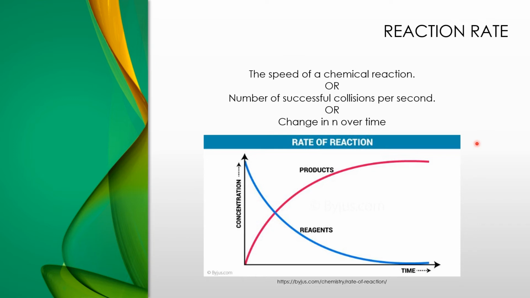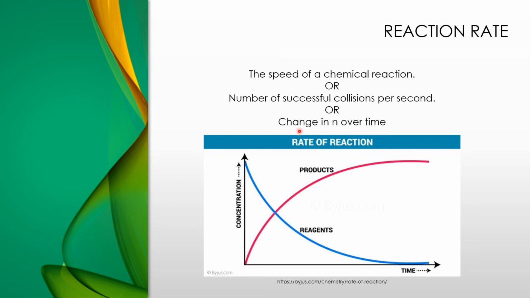And so again, a term that's coming up for the first time in specifics in our syllabus. We have talked about it a little bit before in previous modules, but here is where I'm going to be giving a formal definition of reaction rate. Now, to keep it really simple, it's the speed of a chemical reaction, how fast the reaction is actually proceeding, which could be interpreted as, if we start talking about collision theory, the number of successful collisions that happen in a second or any other unit of time.